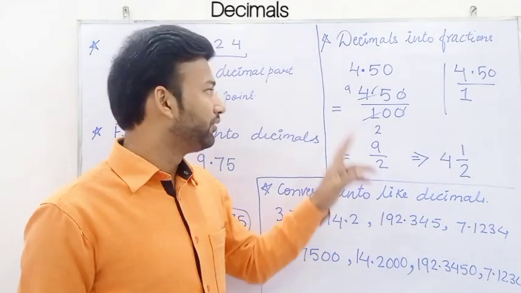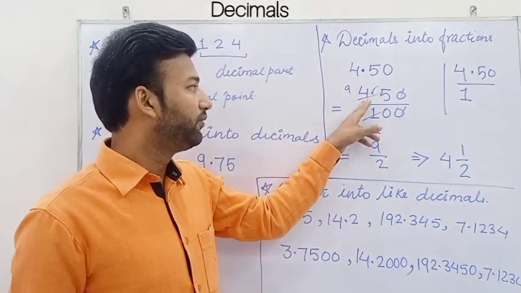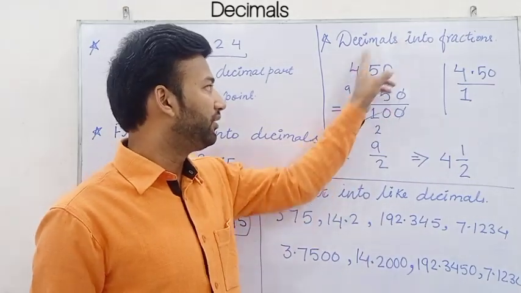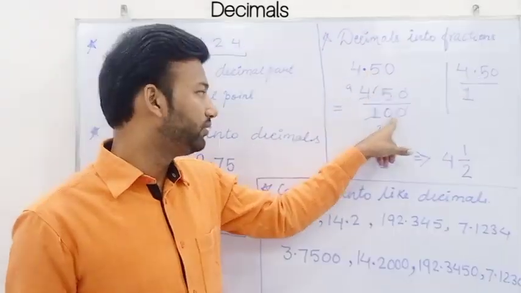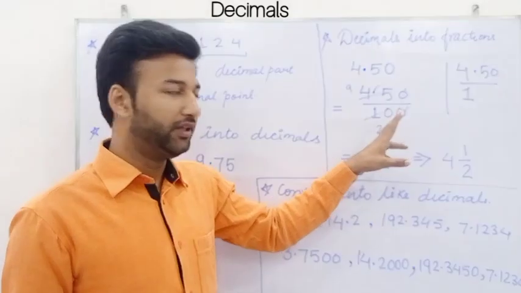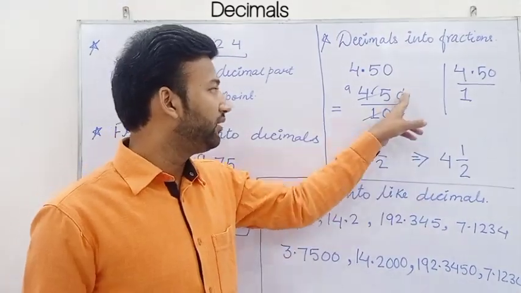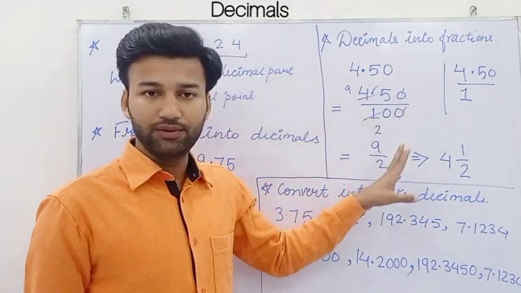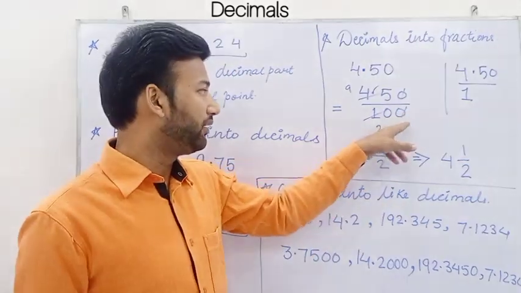Now after the decimal there are 2 digits, that's why we will remove the decimal and add 2 zeros in the denominator. So now our number becomes 450 upon 100. Now check, if there are 0s at the end, then you can cut 0 with 0.